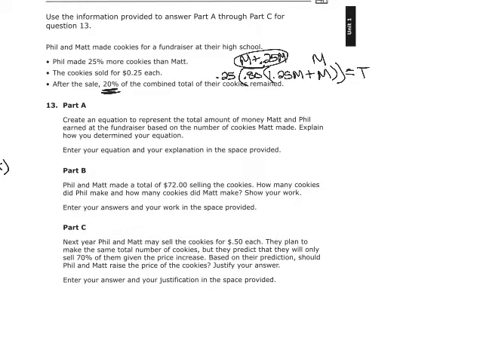Then they're going to set this equal to $72. So we're going to have 0.25 times 0.80 times 2.25. I just combined like terms. And that's going to equal $72. So therefore, you need to do some math here to figure out the amount of cookies.